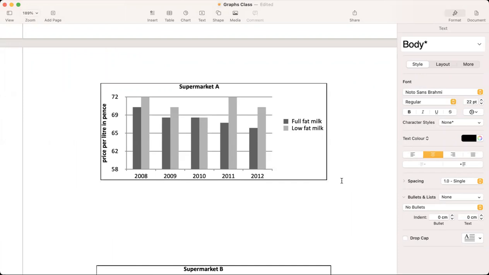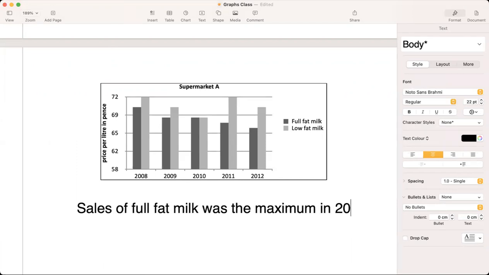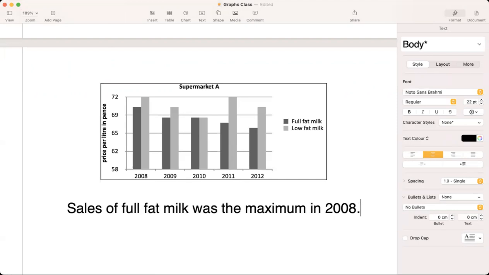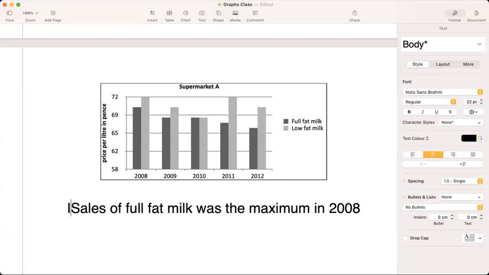So how do I write that? Sales of full fat milk was the maximum in the year 2008. In supermarket A, right? We'll also write that.